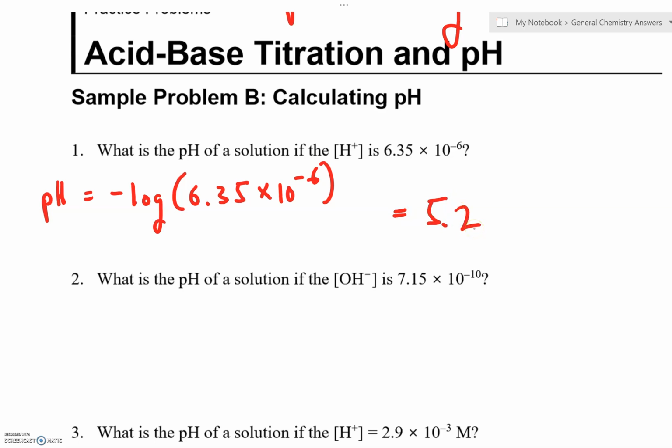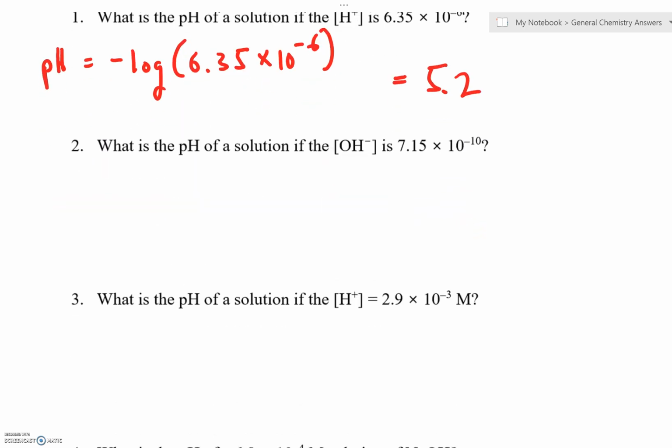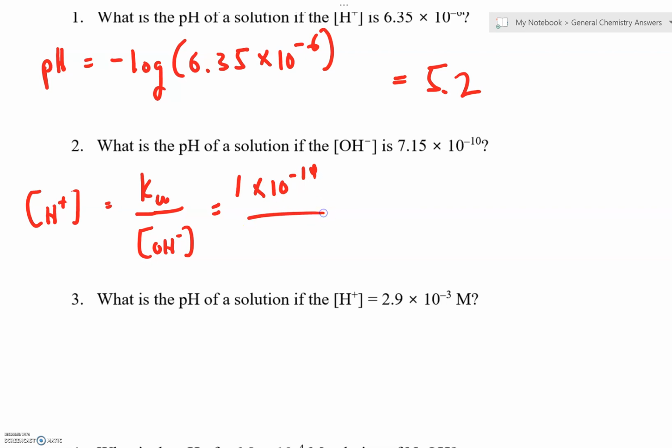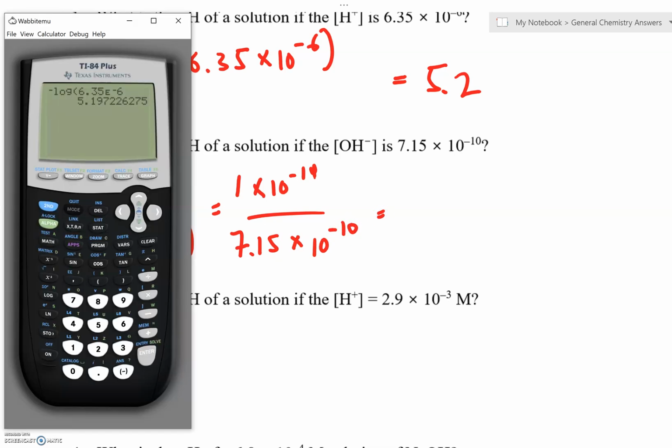All right. Number 2, a little trickier because it gives us OH-, but we know exactly how to solve for H+. It's equal to Kw over OH-, and you know both of these. Kw is a constant, 1 times 10 to the negative 14th. OH- is what they gave us, 7.15 times 10 to the negative 10th. Let's plug it in.